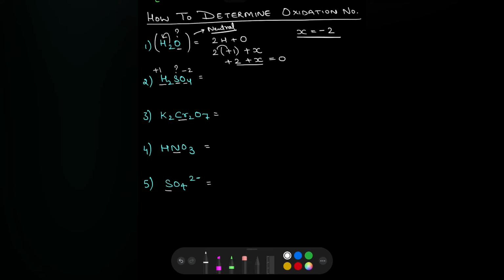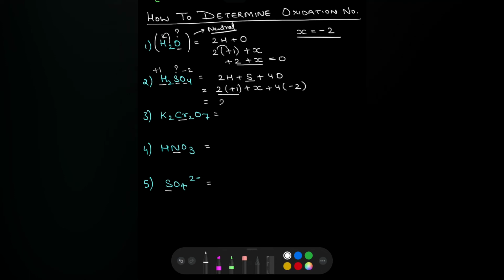So 2 atoms of hydrogen, 1 atom of sulfur and 4 atoms of oxygen. Now putting the oxidation number of hydrogen, that is +1, we have to find it for the sulfur, let us consider it as x, and 4 atoms of oxygen, and the oxidation number for oxygen is -2.